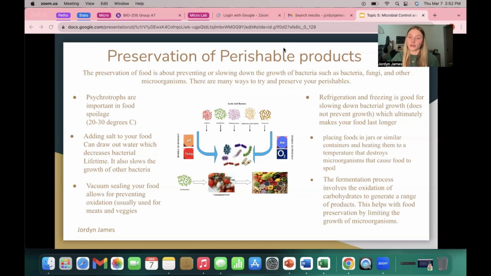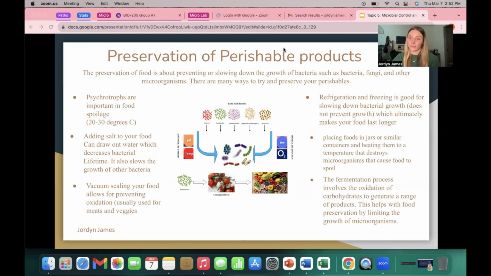Another method is placing foods in jars or similar containers and heating them to a temperature that destroys microorganisms that can cause food to spoil. By heating up, a lot of bacteria can't survive certain heats and temperatures.